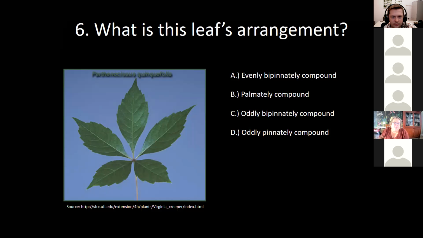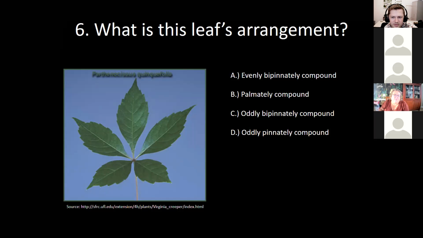Virginia creeper. You guys got to learn how to identify this one, you Floridians. That one's easy. Everybody should get that. I hope so. The polls will tell us the truth, though.